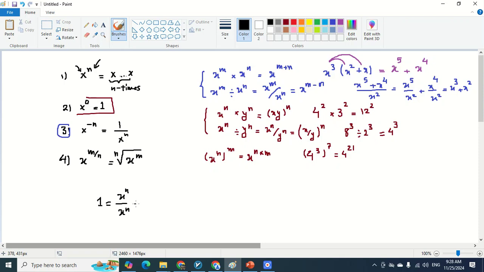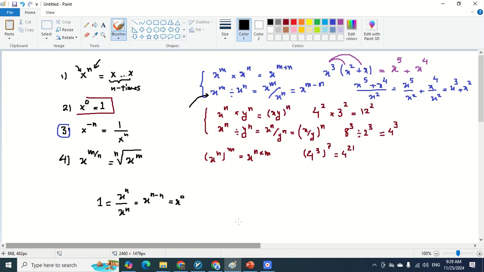But on the other side, if you use the concept of division, you can rewrite that as x to the power of n minus n, and this n minus n is the same as x to the power of 0. So you can see simply that x to the power of 0 should be equal to 1. Because of that, we define x to the power of 0 as the value of 1.